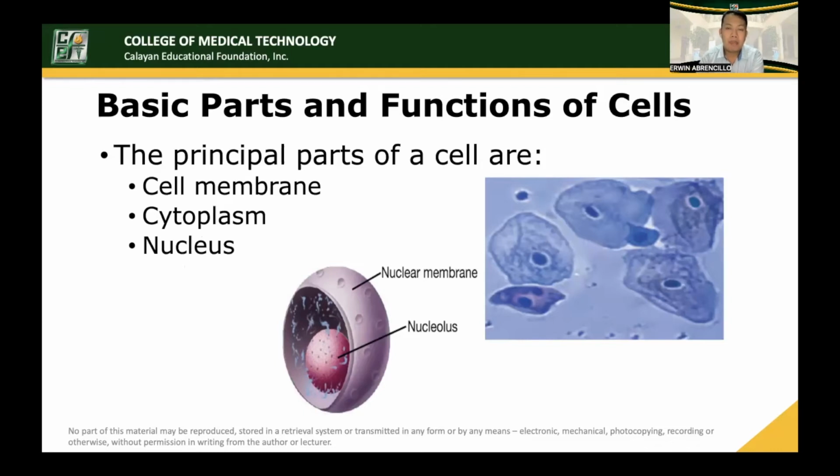Generally these are found among eukaryotic cells. Eukaryotic cells have nucleus, they have cell membrane, and then the cytoplasm. So the one that you can see here in the illustration, no, the nucleus and the nuclear membrane, and then the one on the right also, no, are cells.